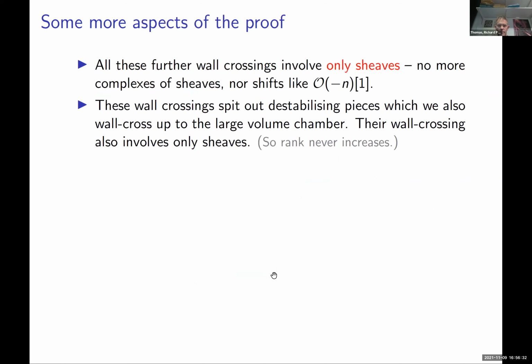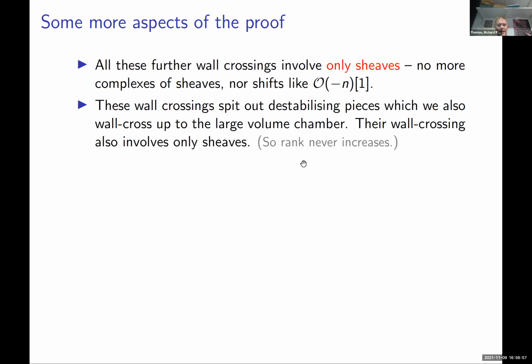What it turns out is, it's very easy to prove, not very easy, that's incorrect, but using those two inequalities, you can prove that any other wall crossing, for very large N, remember, involves only sheaves. The semi-stable objects are sheaves, their destabilizing sub-objects are sheaves, the pieces they split into are sheaves.